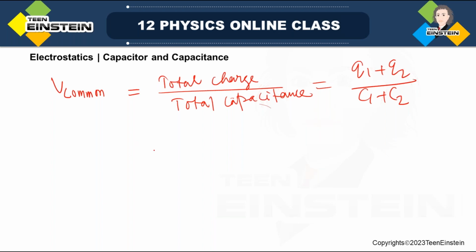Then how to find out Q1 prime, the new charge on capacitor C1. So Q1 prime will be C1, the capacitance doesn't change, but this changes.